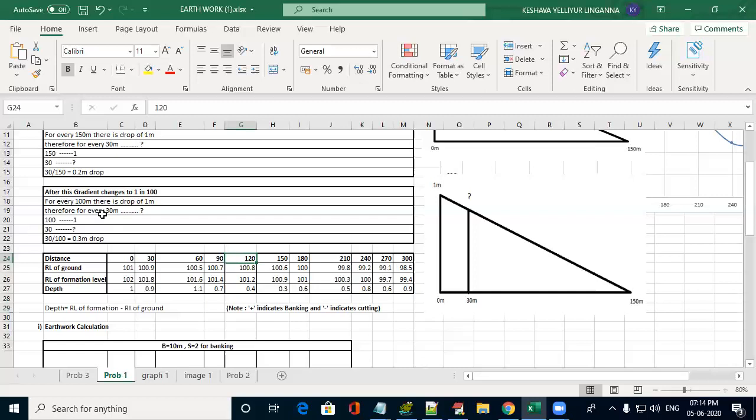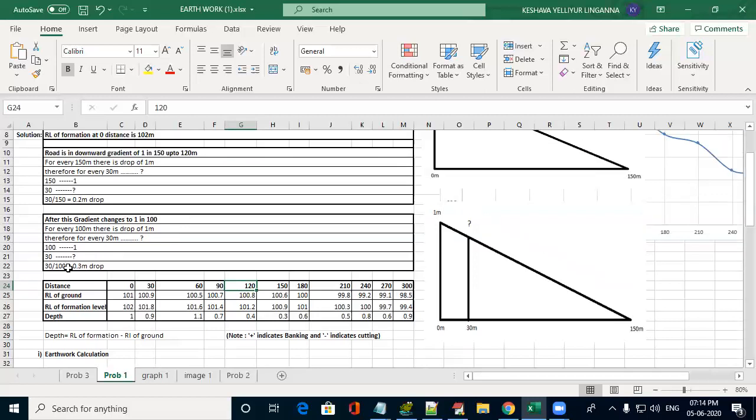After 120 meter, the gradient changes to 1 in 100. So similarly, if we do the calculation, for every 100 meter, there is a drop of 1 meter. For every 30 meter, same cross multiplication, that is 30 by 100. It will fetch a drop of 0.3 meter. That means for the next value, there should be a difference of 0.3, not 0.2.